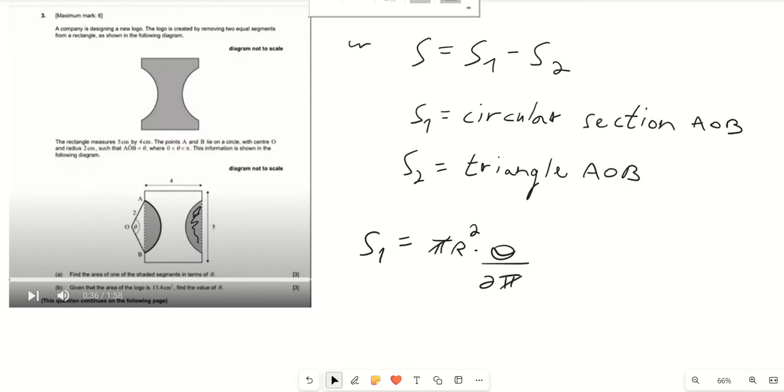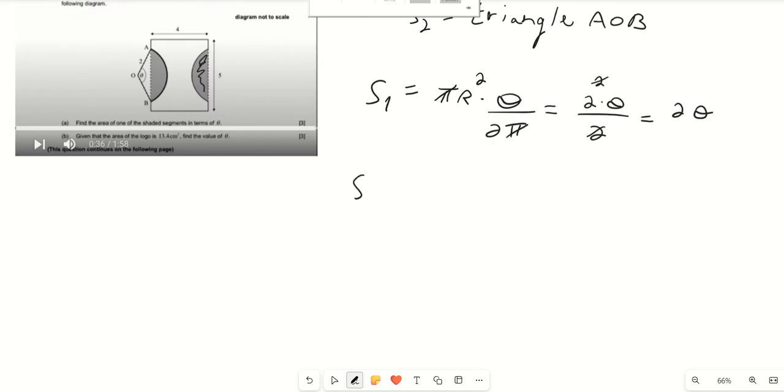And r is known and is 2. So this equals 2 squared times theta over 2, and then we again strike down here 1, 2, and S1 equals 2 theta.